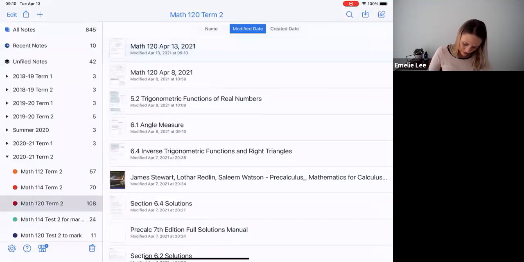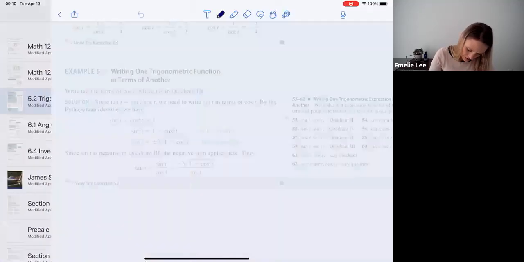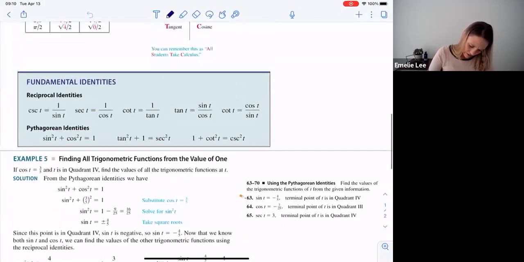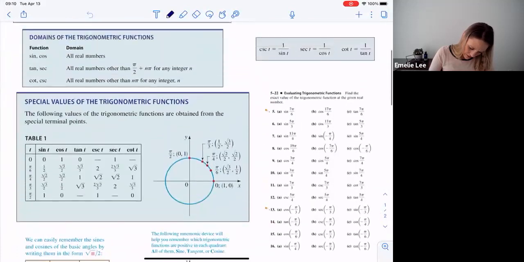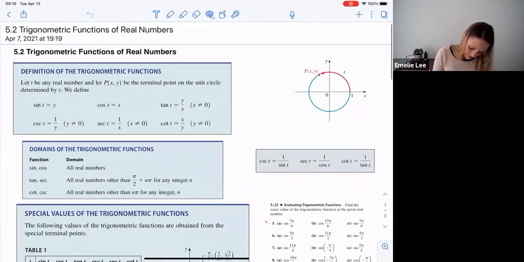Okay. I'm going to grab that from the handout here. Okay. The other trig functions are these.